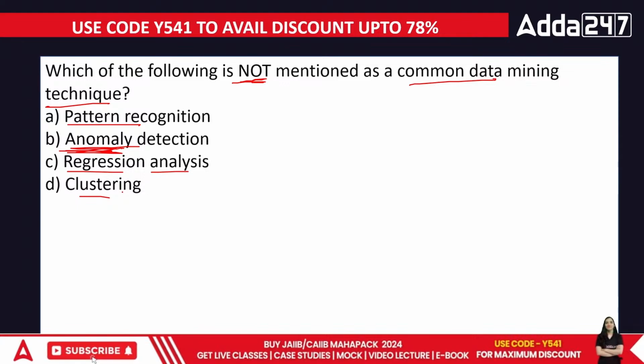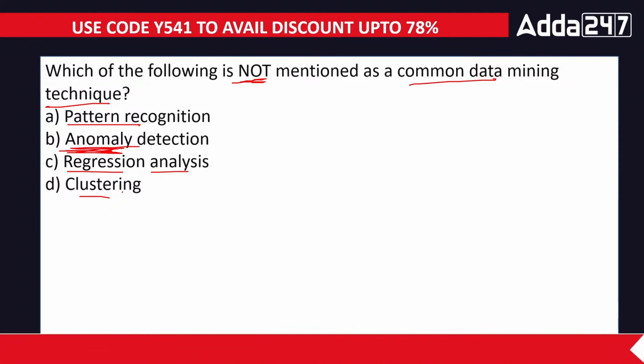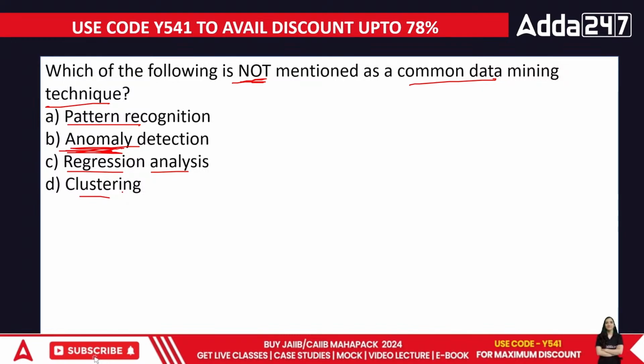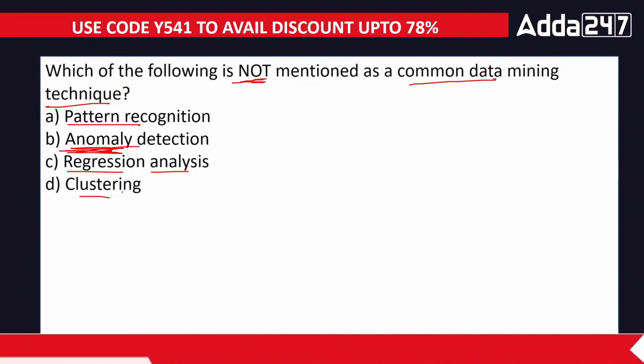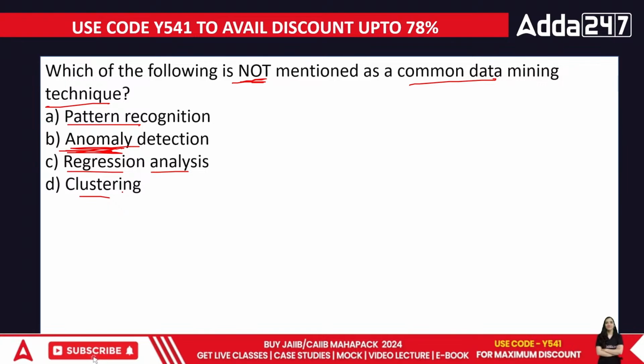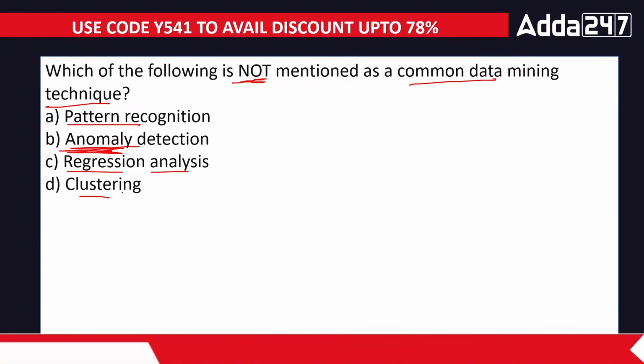See, pattern recognition is a part of it. Then the second point that we can see is anomaly detection. Anomaly detection is also part of it. Then next is regression analysis.